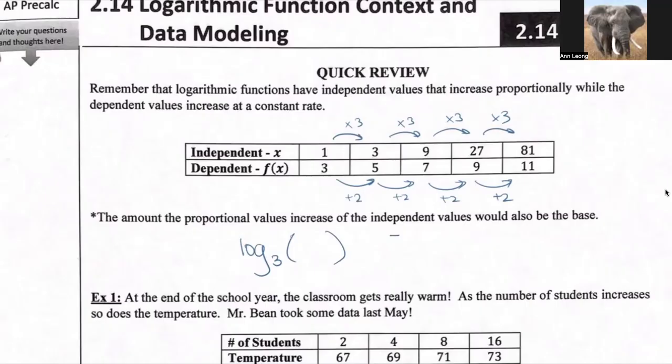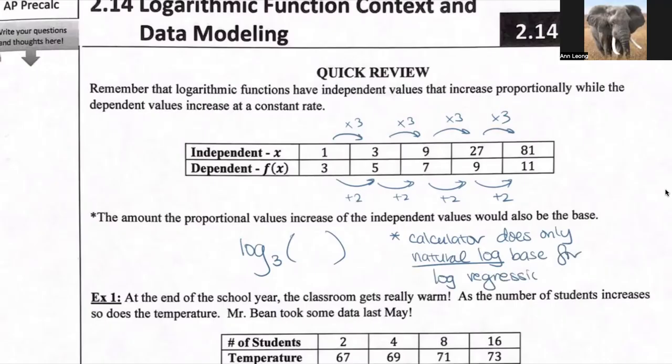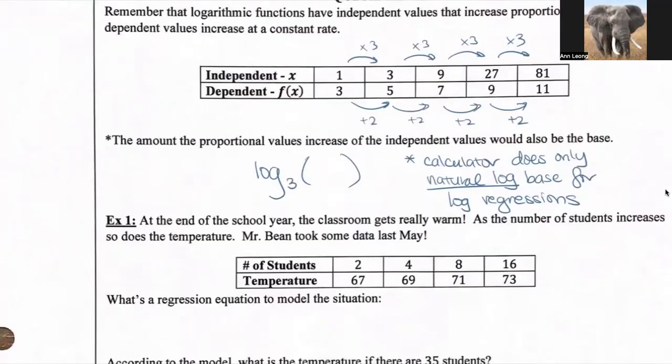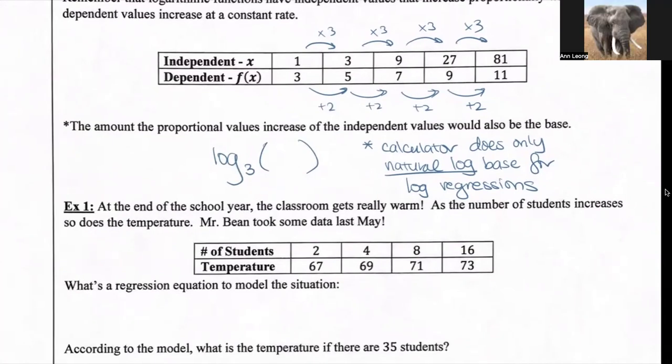Here's a note though: the calculator only does a natural log base for log regressions. So just know that the TI-84 only uses a base e, or natural log. All right, so let's go ahead and play around with this.